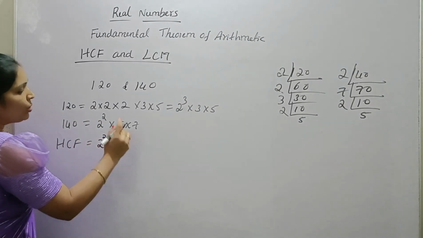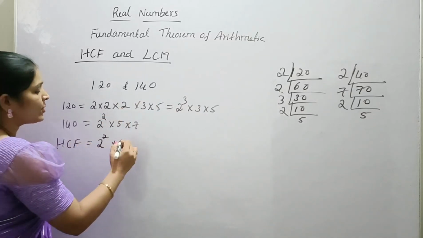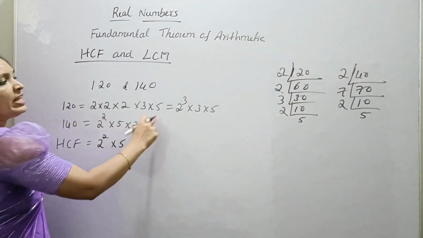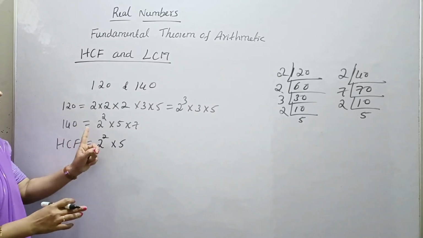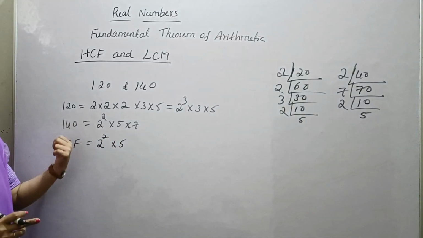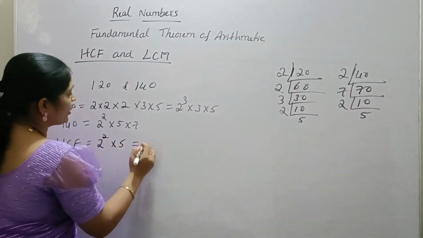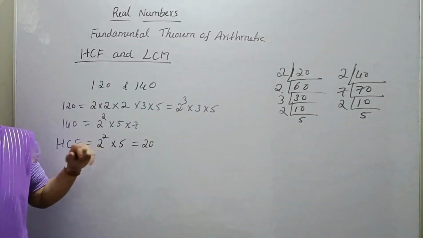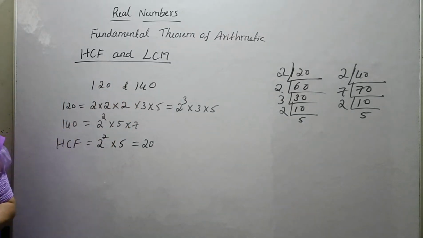Into 5, yes, 5 is common. 7 is not common, 3 is not common. Therefore 2 raised to 2 into 5 is the highest common factor, HCF. That is 4 into 5, 20. 20 is the HCF of the given two numbers 120 and 140.